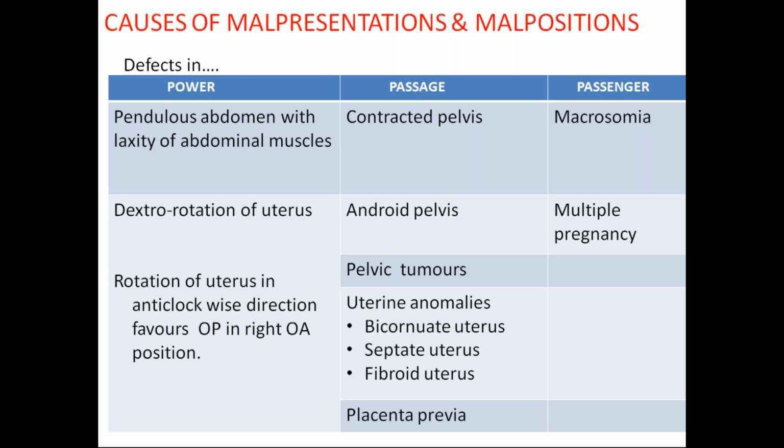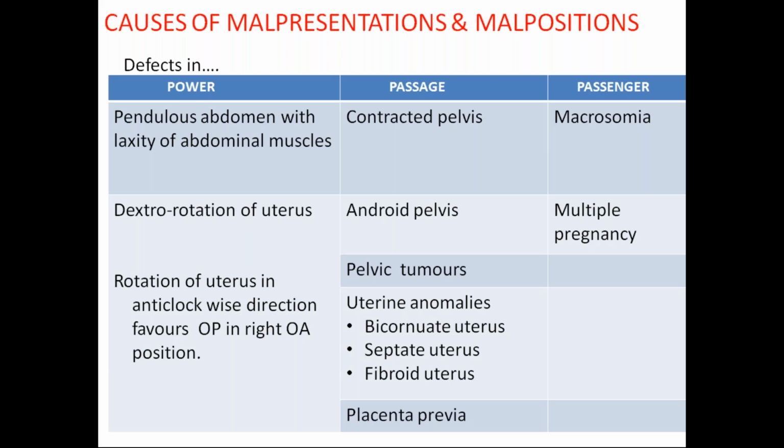Then uterine anomalies, that is bicornuate uterus, septate uterus, subseptate, unicornuate uterus, fibroid uterus, all those congenital uterine anomalies due to Mullerian defects, will also cause malpresentations. Then placenta previa can also cause malpresentations like breech.